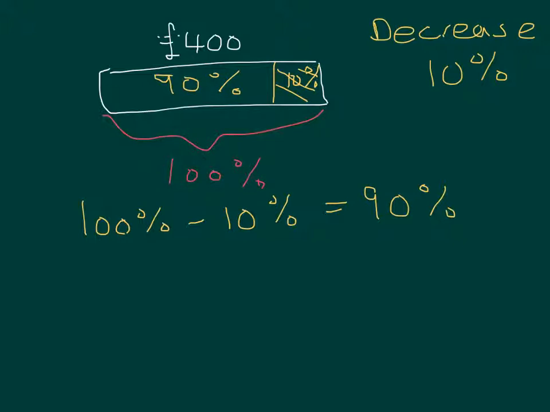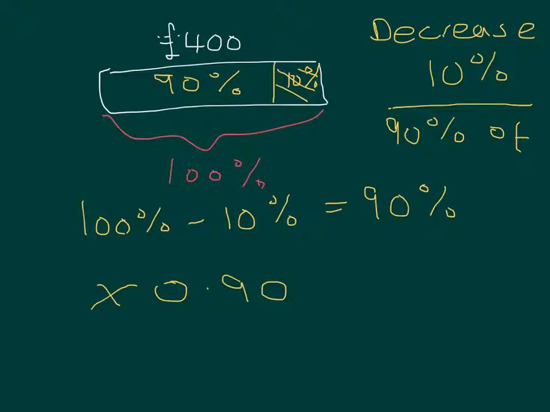So really, if I want to do a decrease of 10%, that is the same as saying I want 90% of the amount. So that's what's left. And how do we find 90% of? Well, we just put it into a decimal. So 90% divided by 100 is the same as multiplying by 0.9 or 0.90.